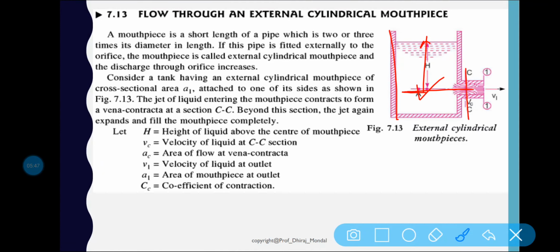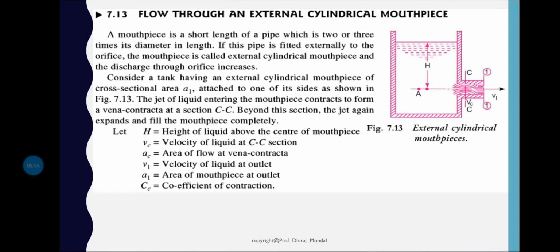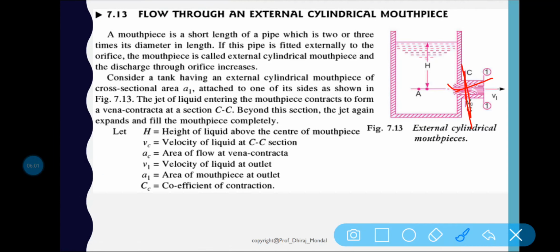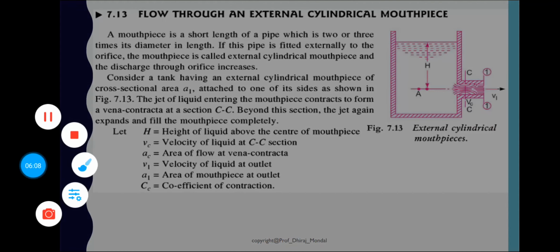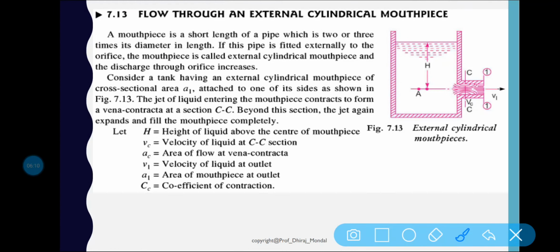This is the vena contracta position, the small cross sectional area created at this point CC, and this is section 1 position. So first of all, let us consider the h.